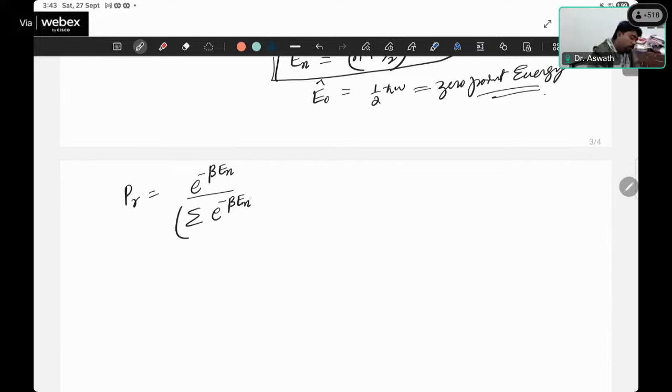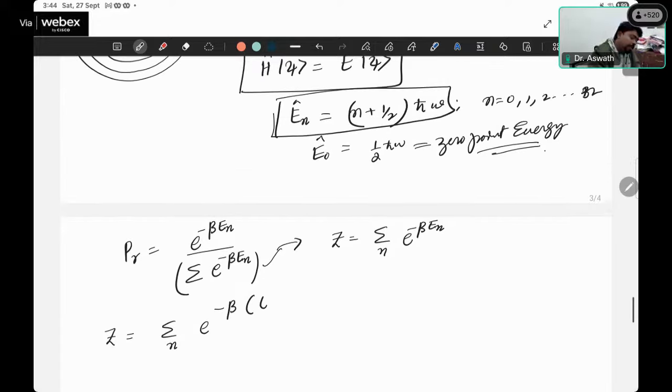Okay, now you see the denominator, which is a partition function Z, summation over n of exponential minus beta E_n. So what I'll do, I'll just take Z for the time being. Let me describe what Z would be: minus beta into, okay, what is E_n? E_n is (n plus half) h omega, right?